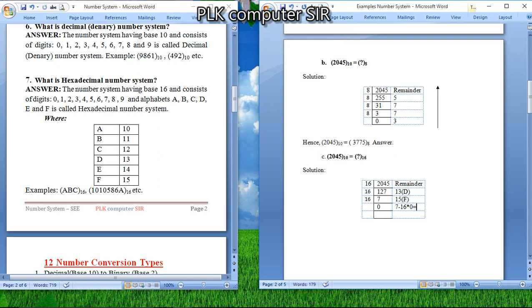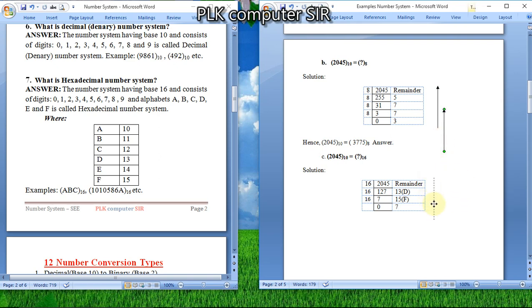So what will come, 7, because 7 minus 0 is 7. Now the quotient is 0, so we have to stop. Sorry, I will bring this one down here.